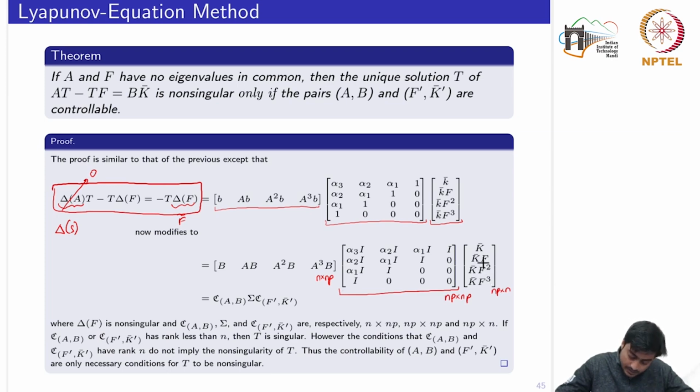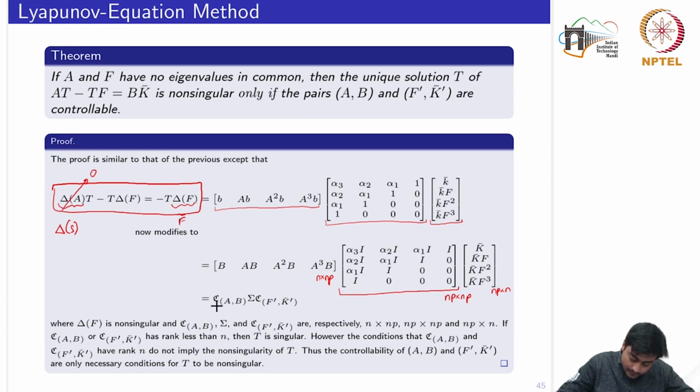On the left hand side, delta of F tilde, we had already shown that this matrix is a non-singular matrix. So we can take its inverse and it would be a square matrix also.